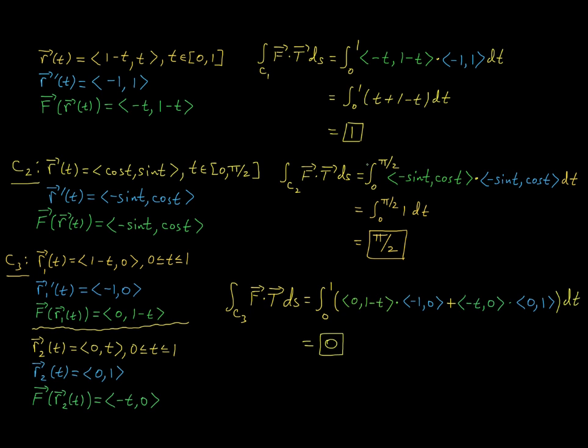But nonetheless, we can see that for each of these paths, I'm getting a different value for the line integral. So we would call this vector field F, as we move an object from the point 1, 0 to 0, 1, path dependent.